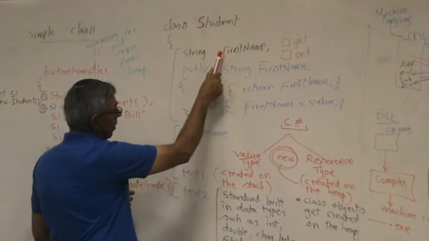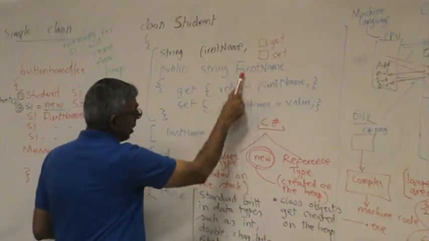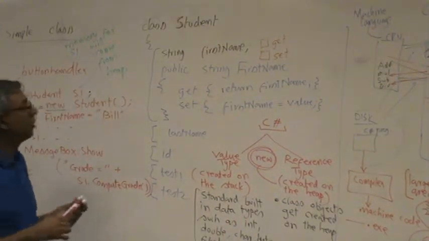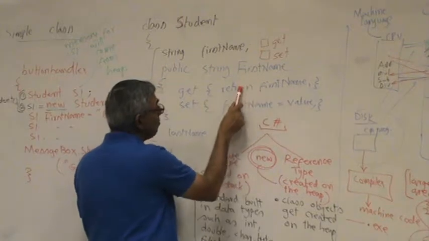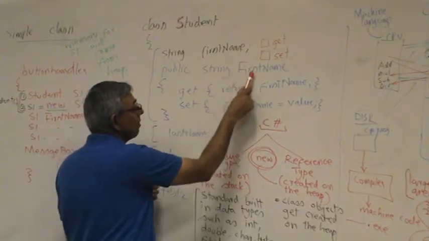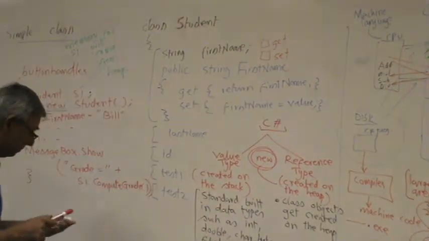For example, take a look over here. Is this a variable? Yes. What about this property, first name? Is this also a variable? No, it's a wrapper for a get function and a set function. So this is not a variable. The only variable is firstName with the lowercase f.